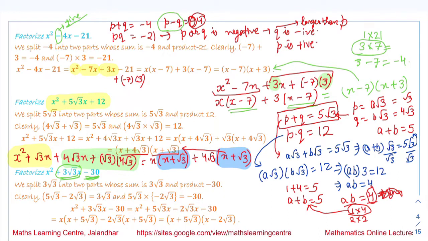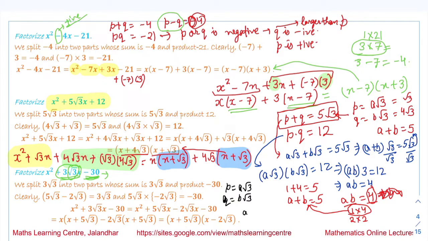Again, the same kind of thing we are having over here, that we have to divide 30 in such a way that the answer should contain square root 3. For the answer to contain square root 3, we are saying that P is of the form A root 3 and Q is of the form B root 3.